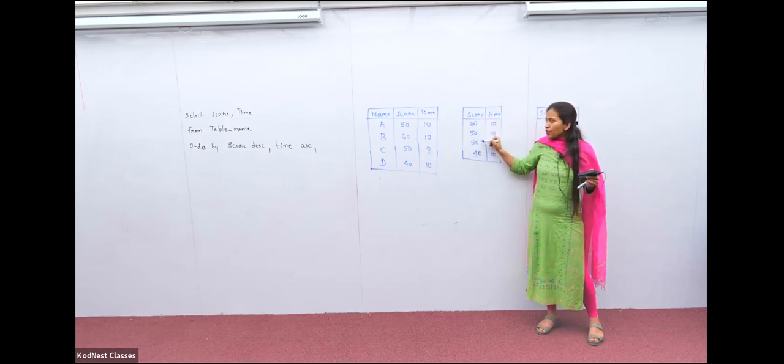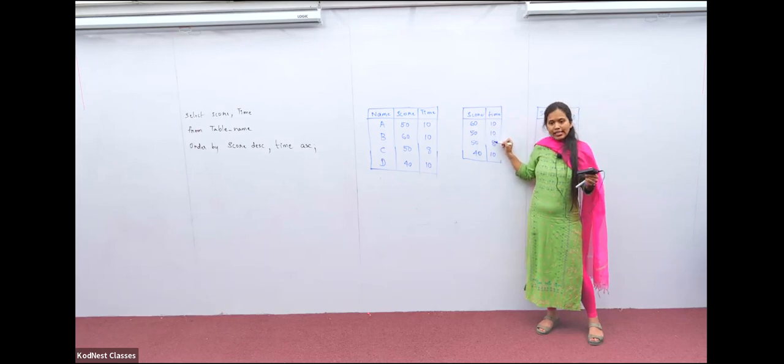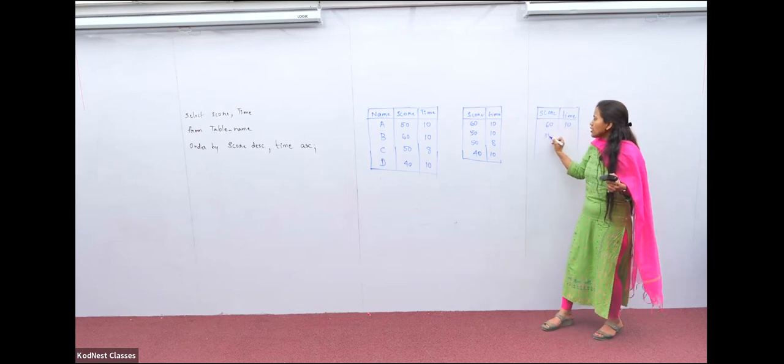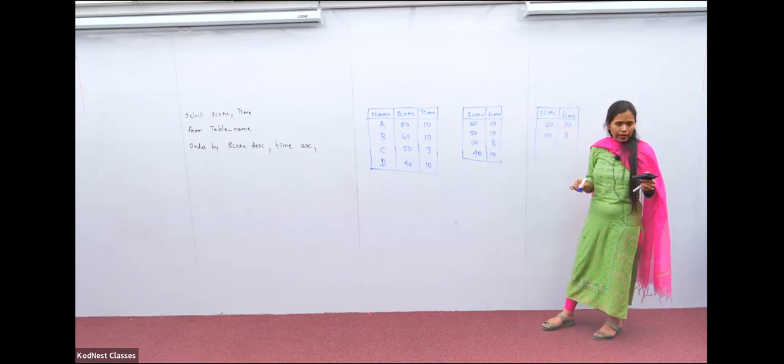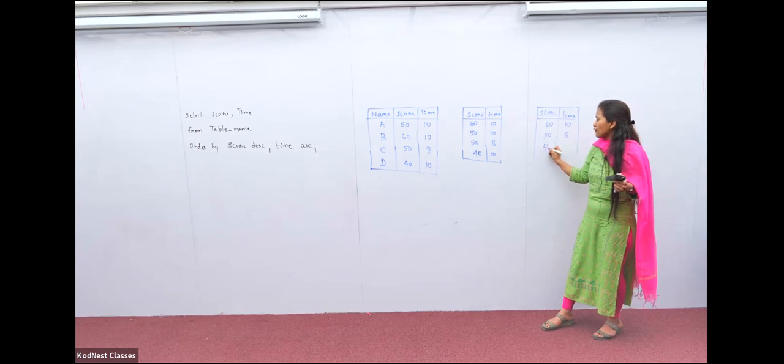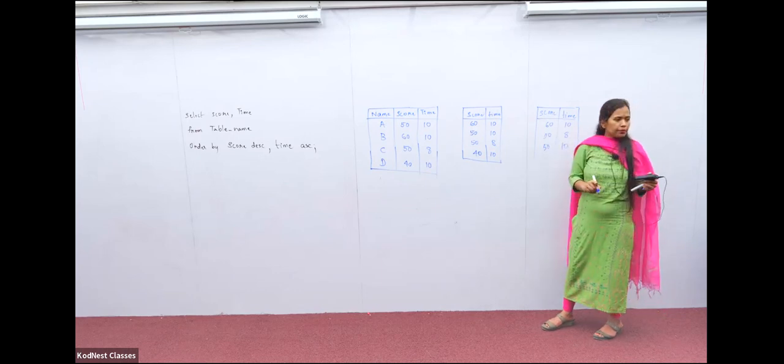Next, if you observe, there are two persons who have scored 50. Now, when it is the same score, it will check the time. Are you all getting it? Now, out of these two, whoever has taken less time, 8, so this 50 and 8 will come first. Then the score 50, 10 is going to come.